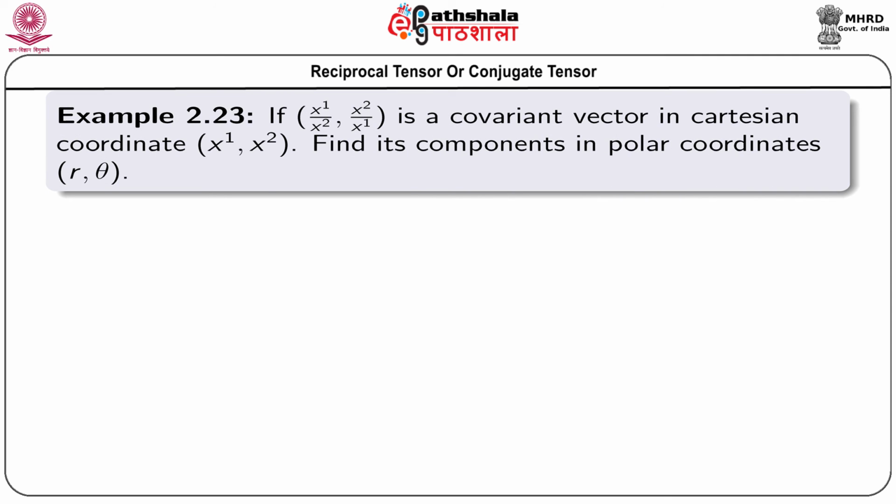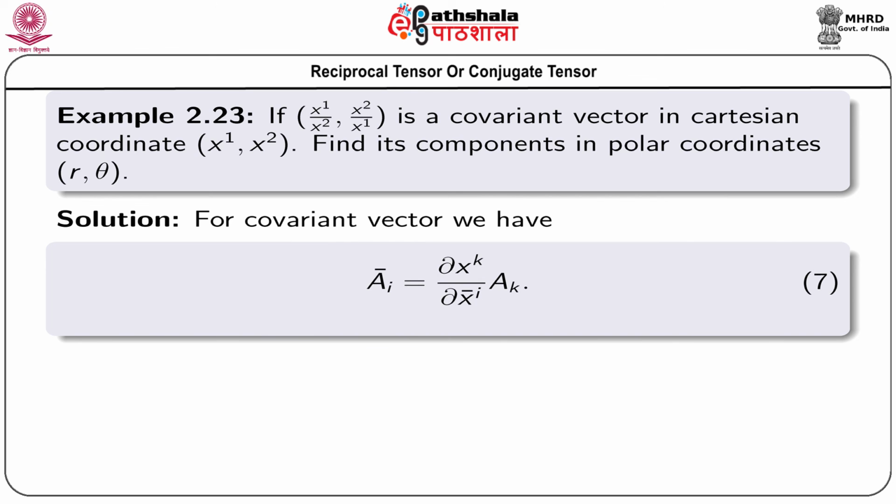Now, we see an example where a covariant vector in the Cartesian coordinate system is given. Suppose x1 by x2, x2 by x1 is a covariant vector in the Cartesian coordinate system, and we are trying to find its components in the polar coordinate system, that is in r, theta. How are we finding it? Just see. For a covariant vector, we have the transformation rule: A bar i equals del xk by del x bar i times ak.